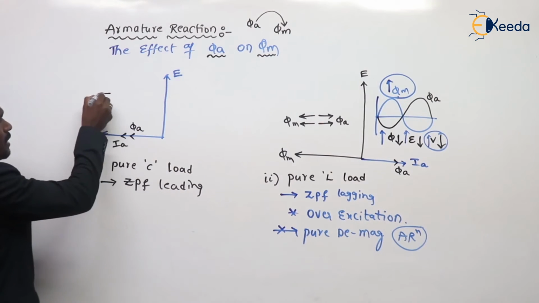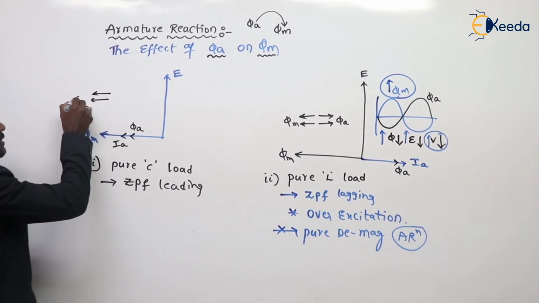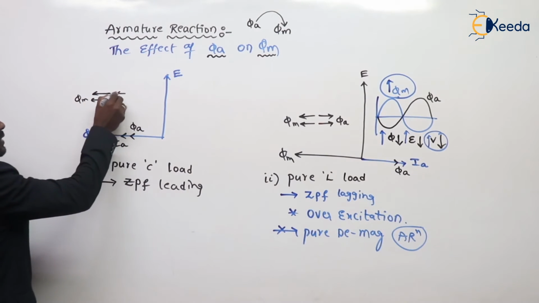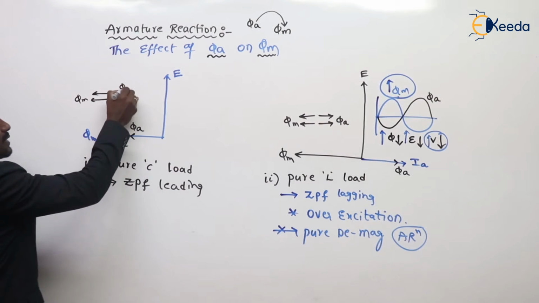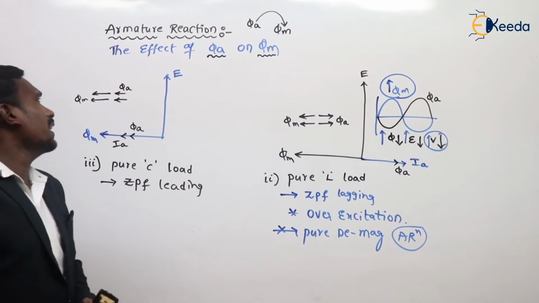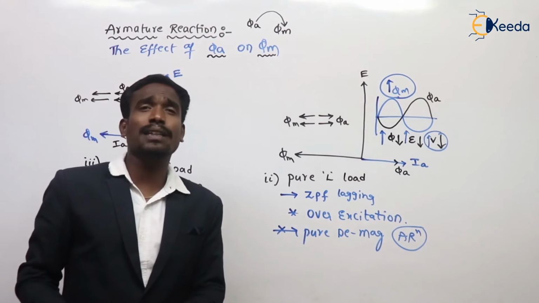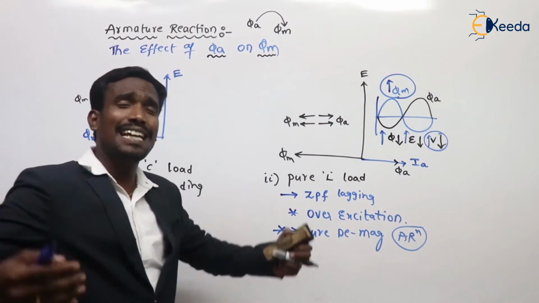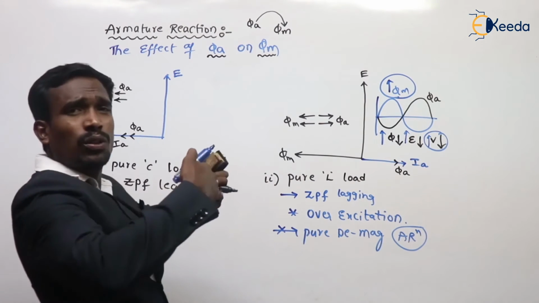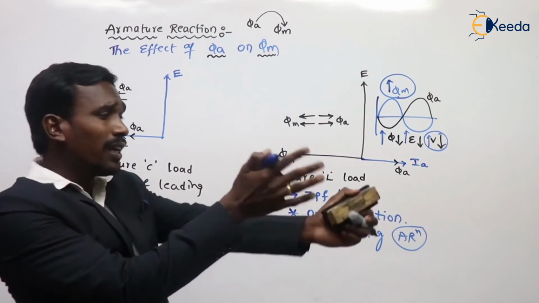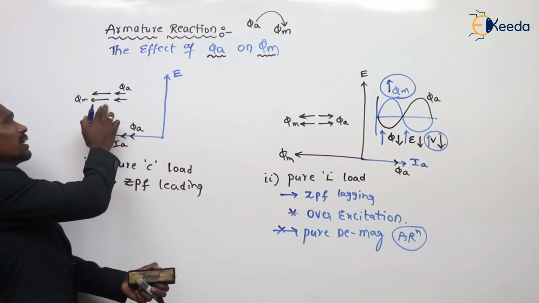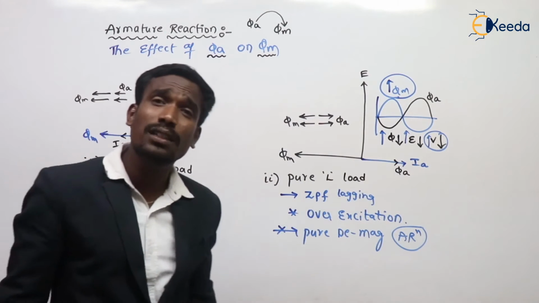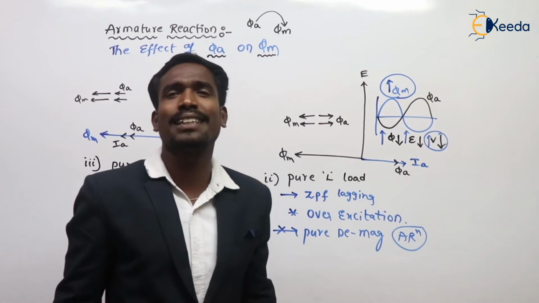See here, this is my main field flux direction and this is my armature flux direction. Now tell me, here my armature flux is disturbing the main field flux, but in which direction? In opposite direction? No. In cross direction? No. In same direction? Yes, both are in the same direction, nothing but additive. Exactly additive.